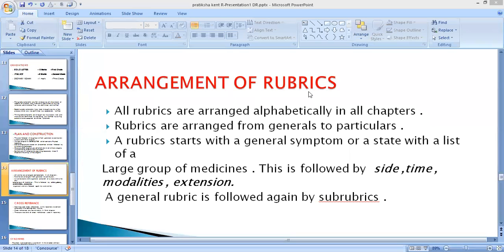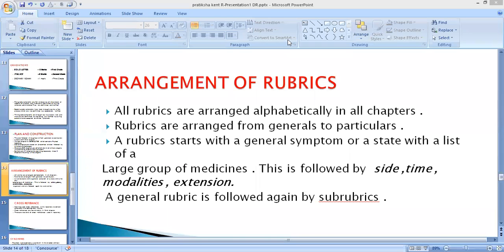Okay. So the rubrics are arranged from general to particulars. A rubric starts with a general symptom with a list of a large group of medicines. Means when we open the repertory and open any section, for example the section head, in head we first find the general symptom, for example head pain.